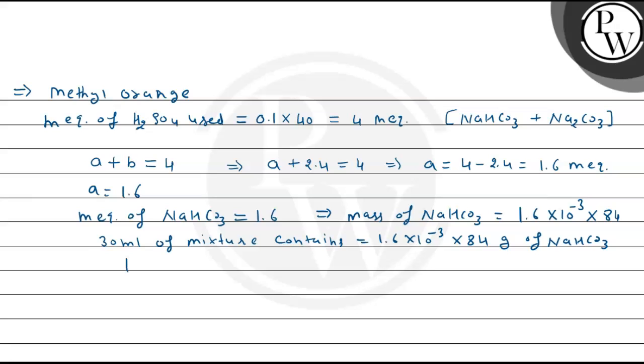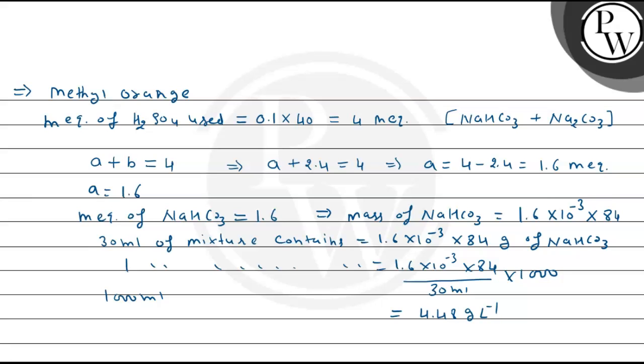From here we can say that 1 ml of mixture contains 1.6 into 10 raised to power minus 3 multiplied by 84 and divided by 30 ml. And for 1000 ml we have to multiply it by 1000. So after doing the mathematics, we will get 4.48 gram per liter. So it is the amount of NaHCO3 which will be found in 1 liter volume of the mixture.